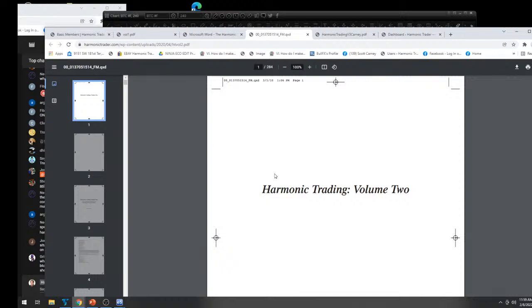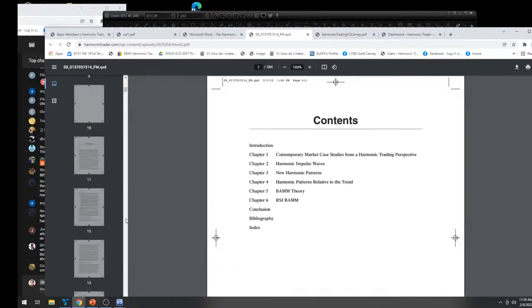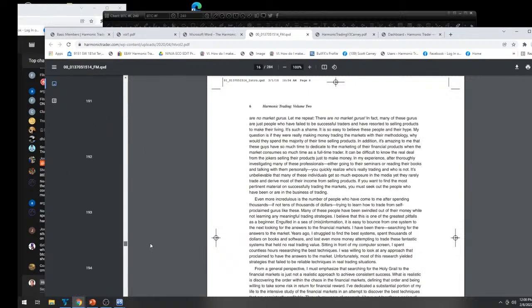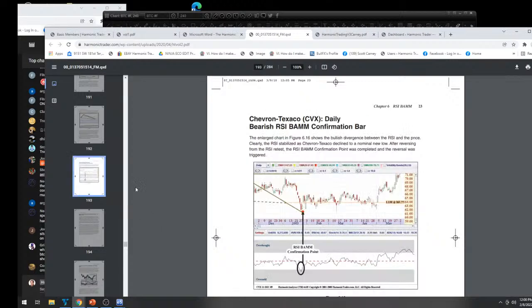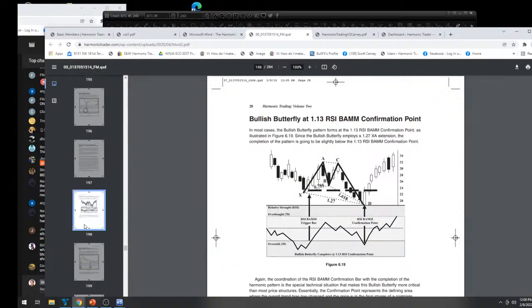Again, this was a self-published work that I put out in 2007 and then was republished in 2010 with Financial Times Press in a second edition.